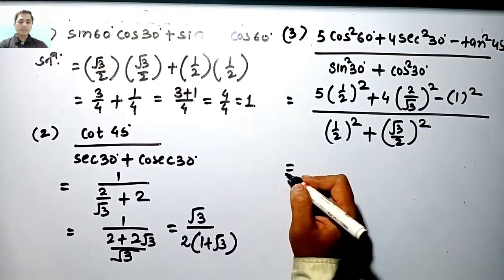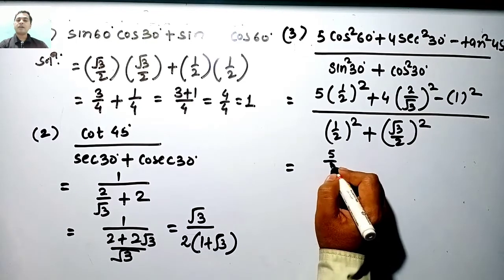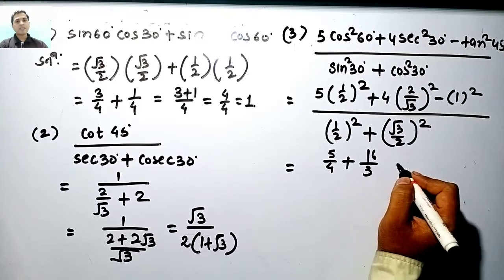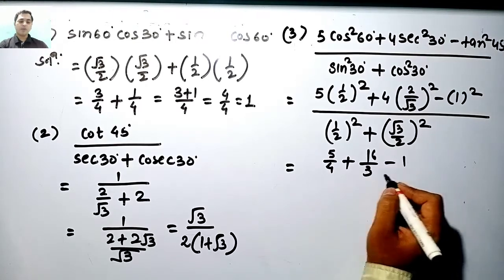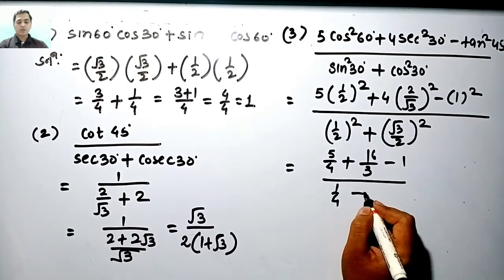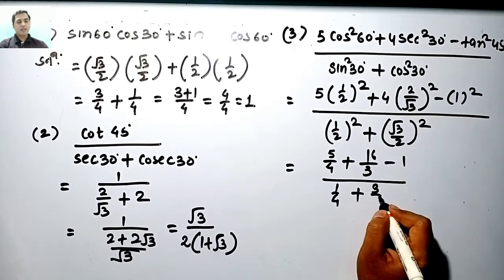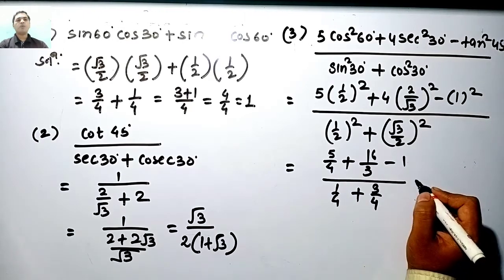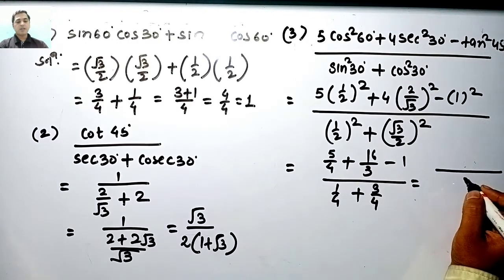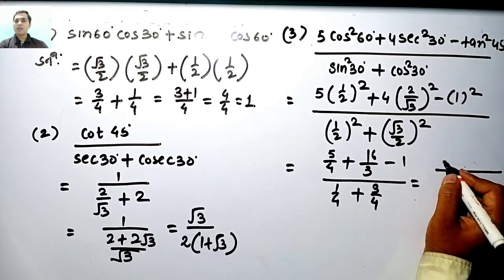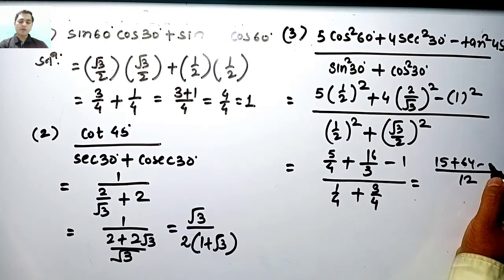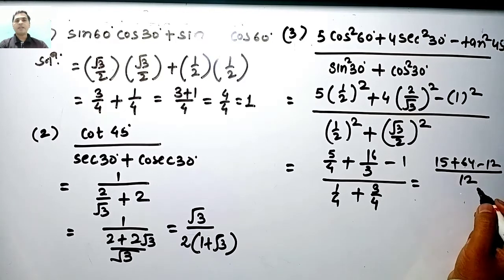Right student, now simplifying we are getting in the numerator 5 by 4 plus 16 by 3 minus 1, divided by 1 by 2 whole square, which will be 1 by 4, and root 3 by 2 whole square, 3 by 4. Now student, by simplifying these things, by taking the LCM, 12 will be the LCM, so here will be 15 plus 64 minus 12.